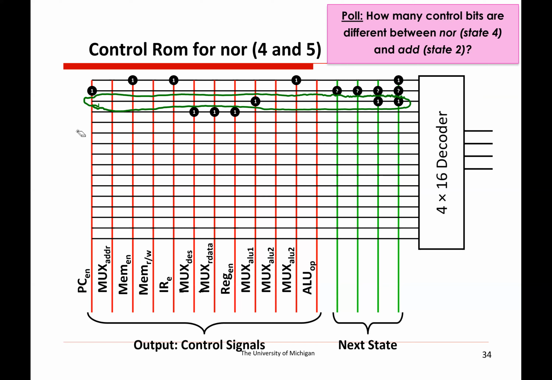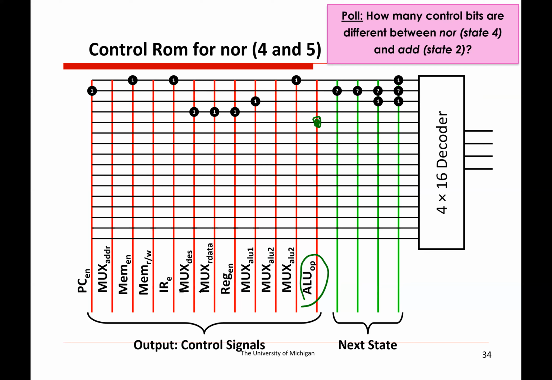So the obvious one that we're changing. Somebody tell me what's one of the signals that we're changing between the first state of add and the first state of NOR. What's the obvious one? Yep, the ALU operation. We're doing a NOR operation instead of an add. That's going to have to be a 1 in this case since we're doing the NOR operation. But there's one other thing that we have to change.